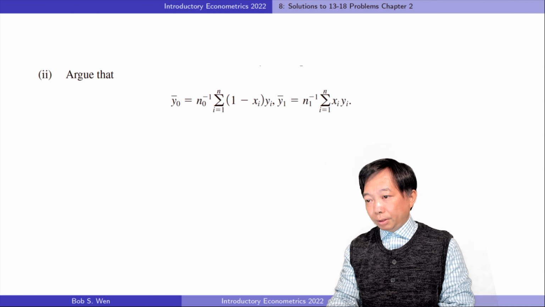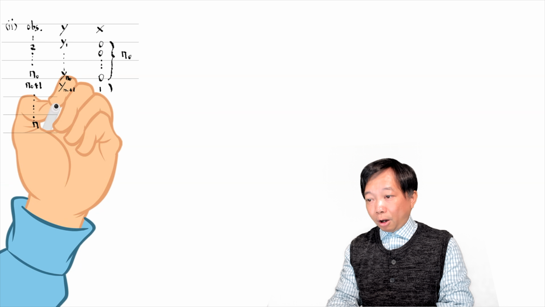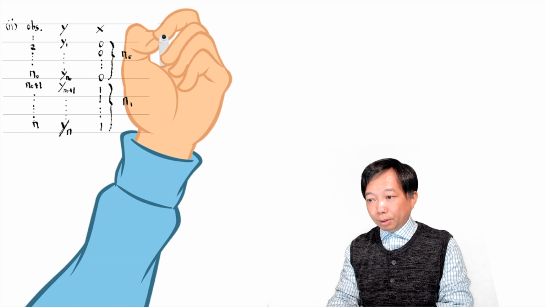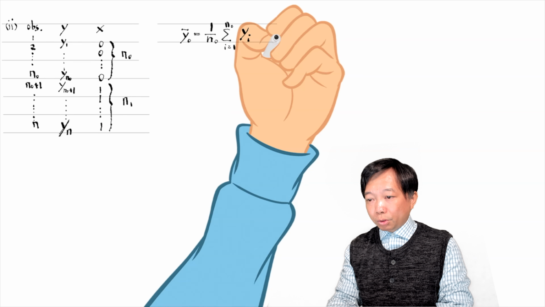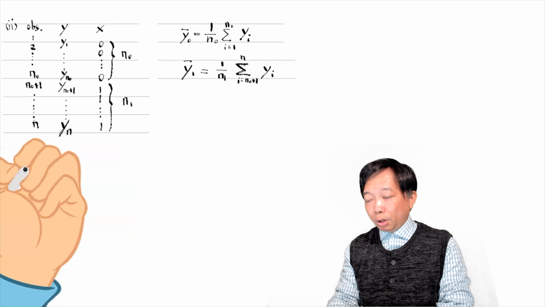The second question is to argue that the average of yi with xi equal to 0 can be written as follows. I would like to first show the structure of the data by listing the observations. We can always sort the observations this way with xi equal to 0 before xi equal to 1.